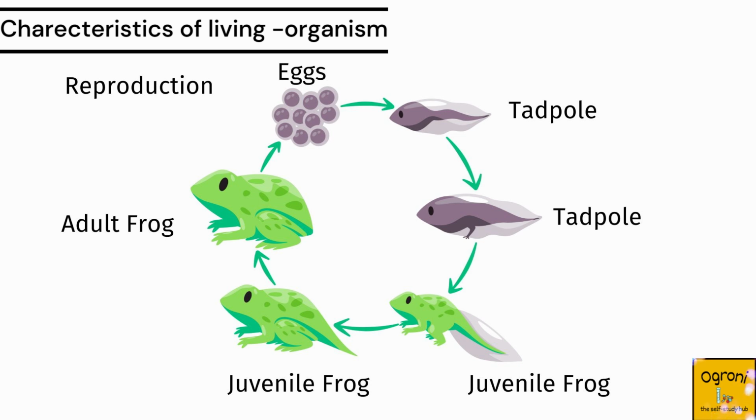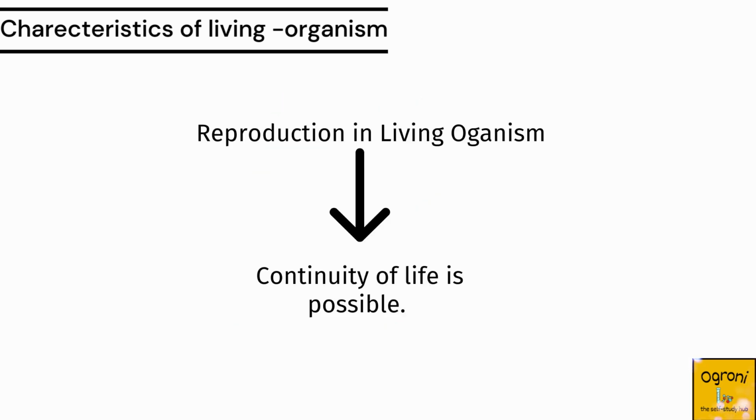All living organisms, after attaining a certain level of maturity, produce their biological offspring or their young ones. Reproduction is the most important characteristic of living organisms, by virtue of which continuity of life is possible.